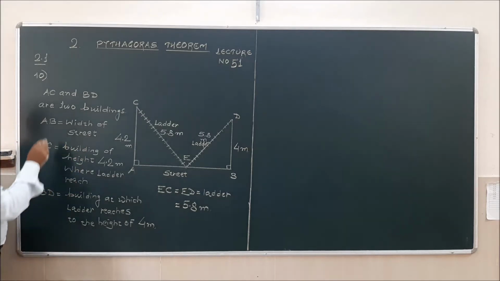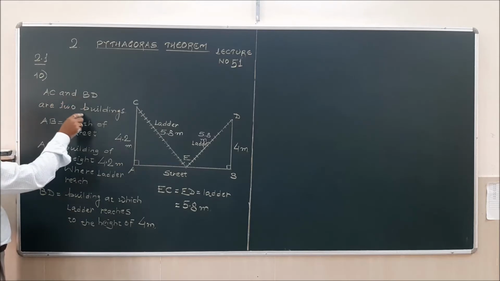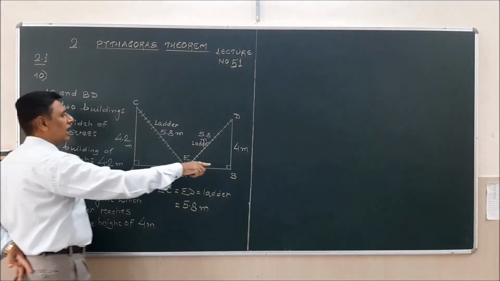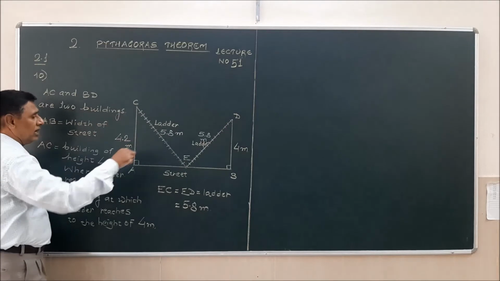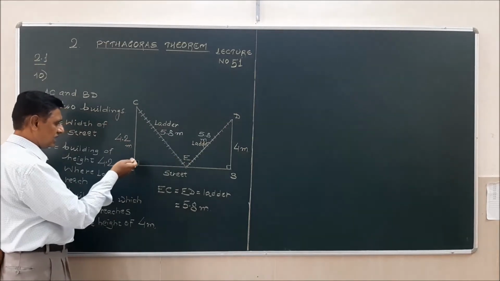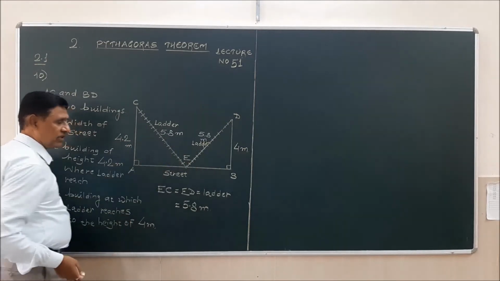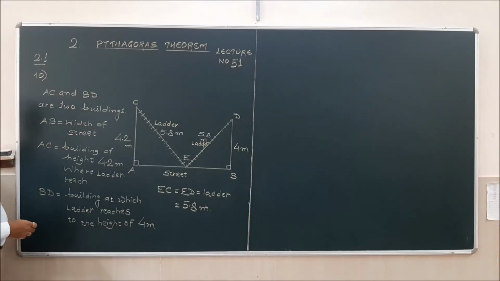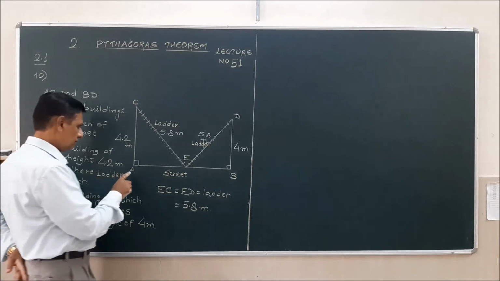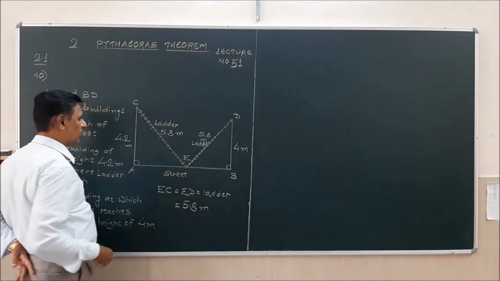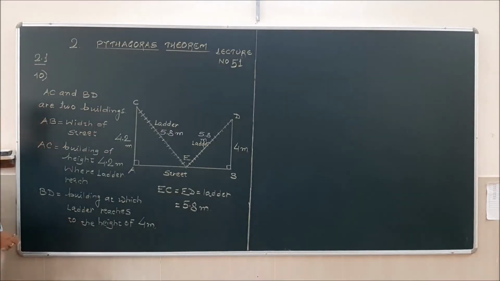But before that, AC and BD are two buildings. Building always makes an angle of 90 degrees with the base. Next to that, AB is the width of the street.